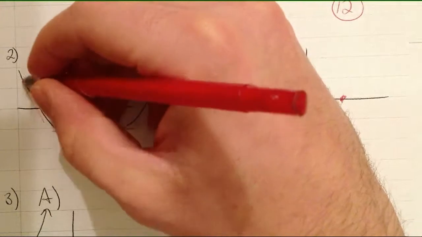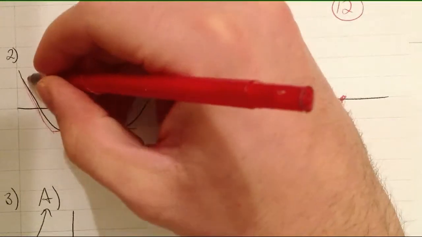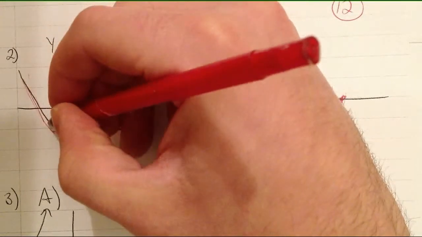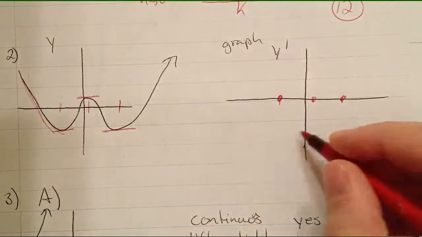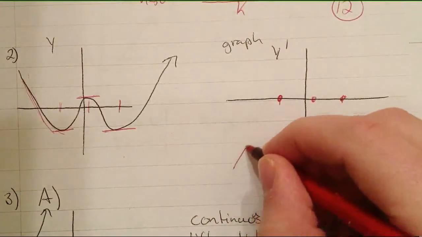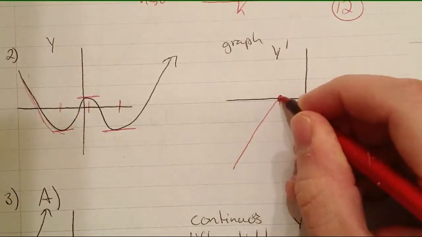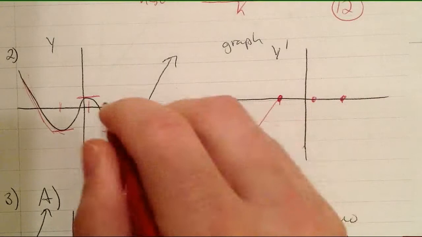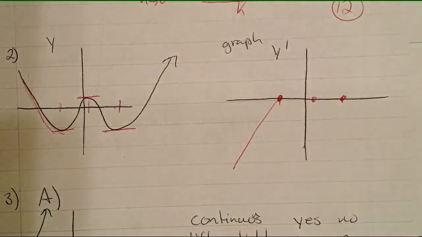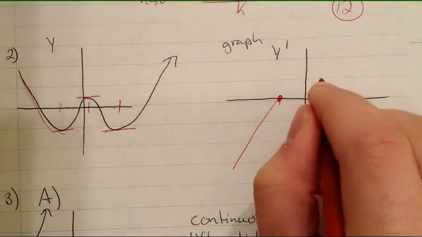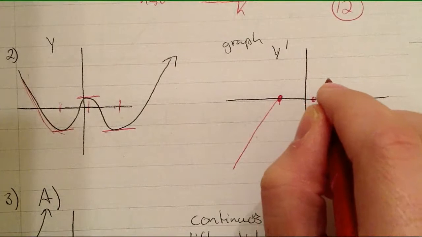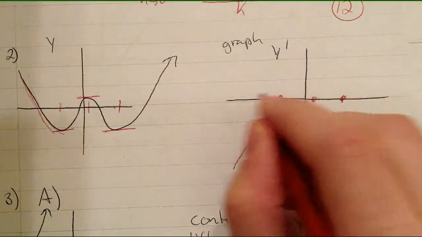Now we come over to this guy. We ask ourselves, what's our slope of this part? Well, it's negative, negative, and it gets closer and closer to 0. Remember, the slope of this line doesn't matter. It's a representation of the slope of that line. So here's what we do next.